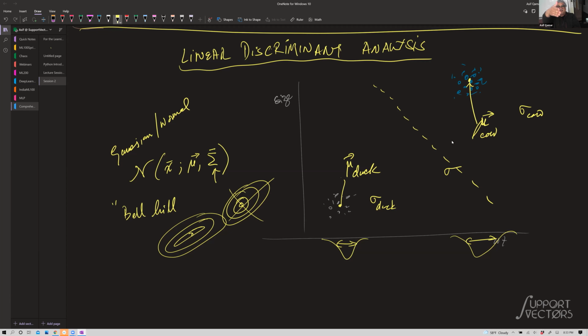And if you ignore the fact that the heights keep changing, it is a simple straight cross section. So that is an interesting thing. When you make the assumption that the mu's are the same, imagine pouring sand like that, then you get a linear decision boundary.